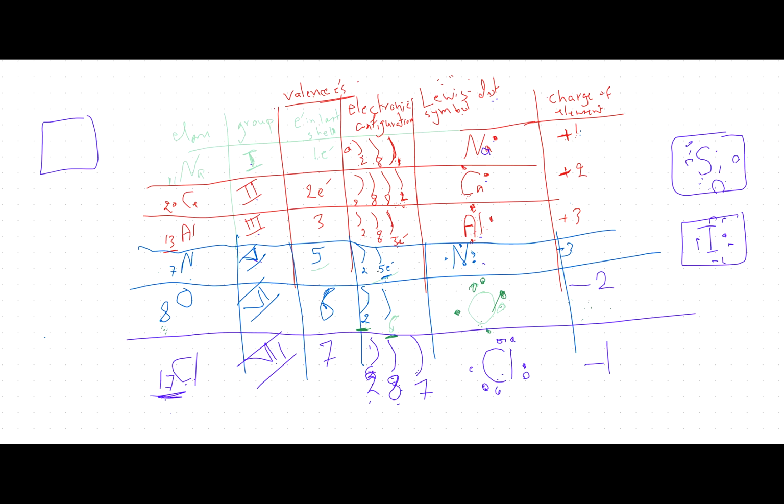It's in group 2, and it has 12 electrons. No, I said I don't want you to do any calculation. I just want you to look at the element and draw the Lewis dot symbol directly. So magnesium is in group 2. Oh, so you just want me to draw it? Yeah, the Lewis dot symbol.